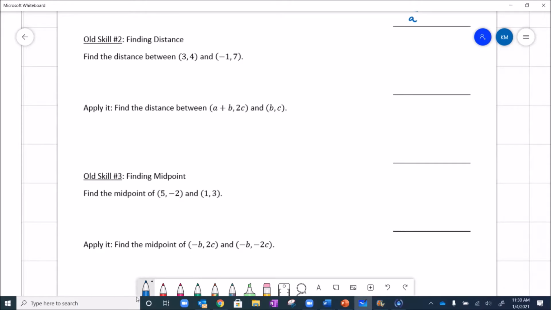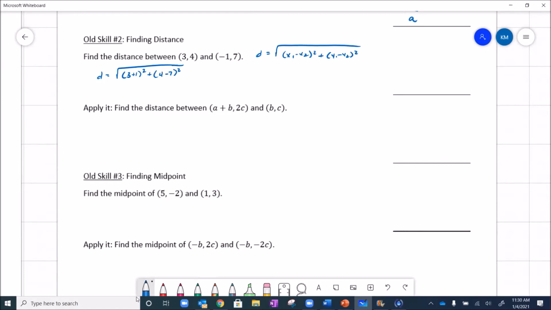Number 2, distance. Remember your distance formula. Distance is the square root of the difference of x's squared plus the difference of y's squared. When we use that with integers, I could say my x is 3, other x is -1, so I'm going to say 3 plus 1 squared plus 4 minus 7 squared.